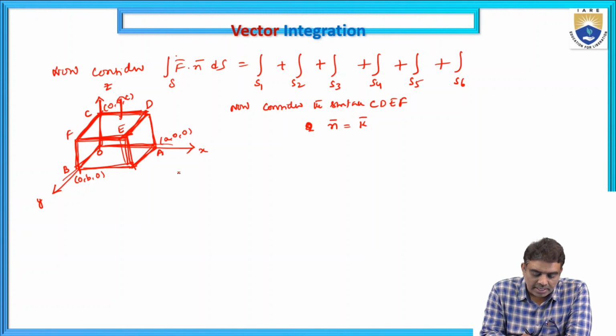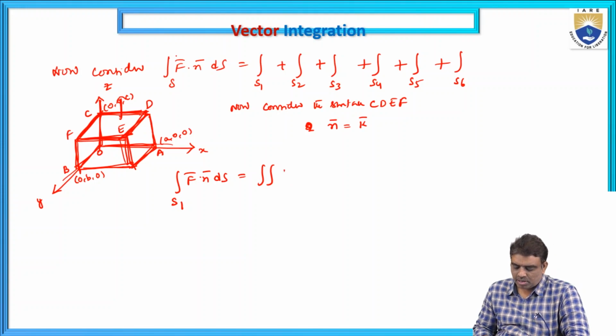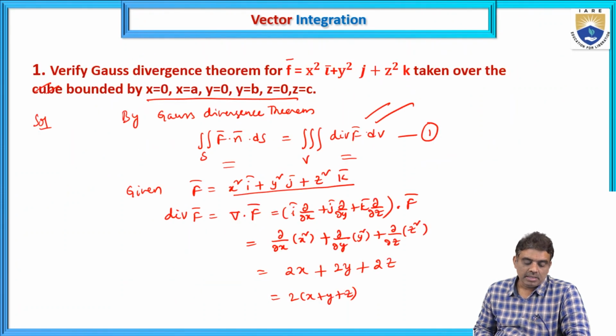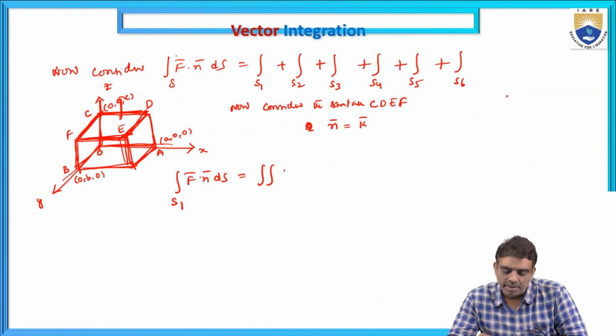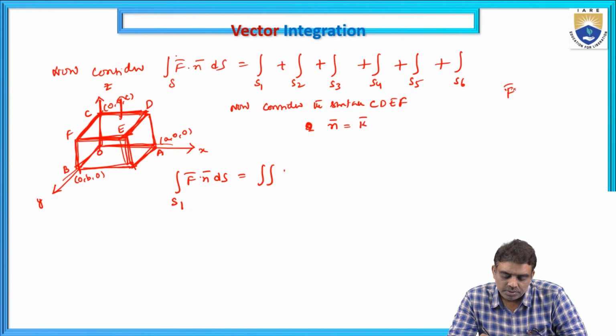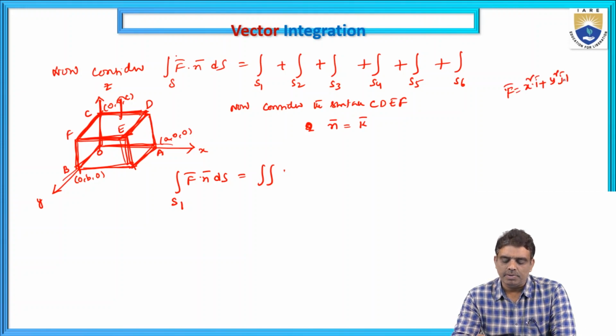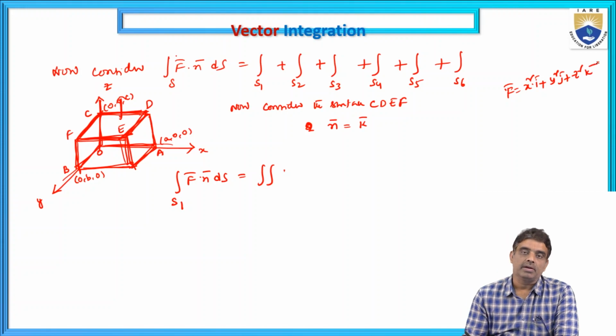Therefore the integral over S1 of f bar dot n bar ds is equal to, the formula will be f bar dot n cap. What is f bar? First I will write f bar. f bar is equal to x square i bar plus y square j bar plus z square k bar.